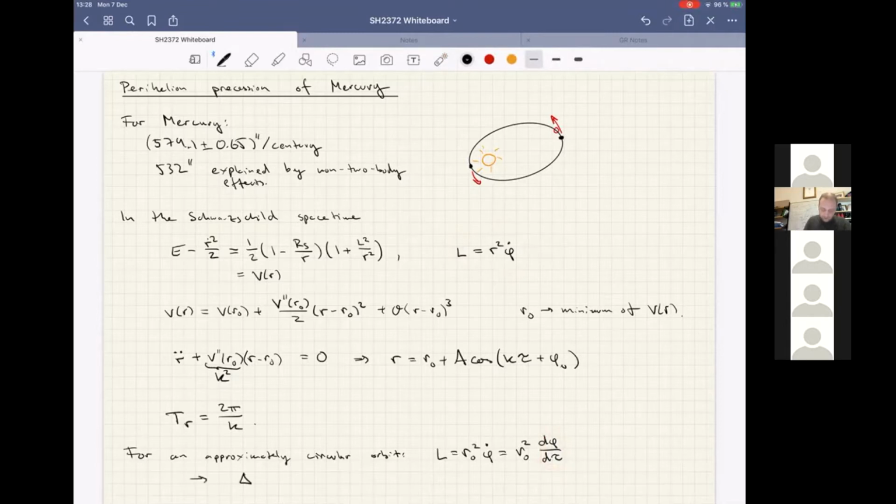We obtain that delta phi during this time, T_r, is going to be given by, no, L over R0 squared, times 2 pi divided by k.